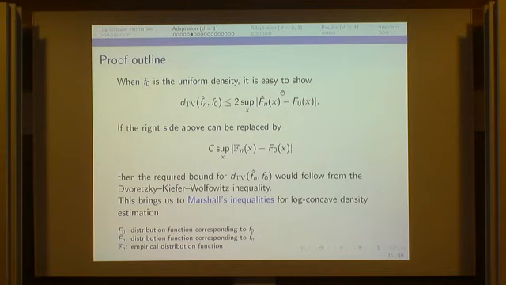So when F0 is uniform, it's not difficult to show that the total variation distance is at most 2 times the supremum of the difference between the cumulative distribution function of our MLE and the CDF of our true density.